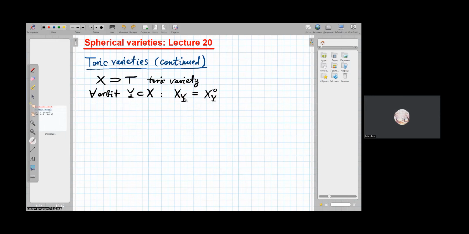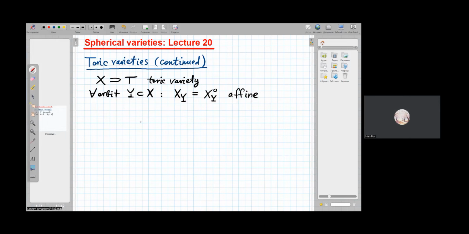But in the toric case, there are no colors, so there is nothing to remove. This means that this simple toric variety coincides with this affine open B chart. In particular, it is itself affine. So any simple toric variety with a unique closed orbit is affine.